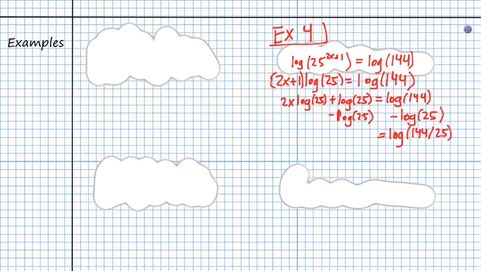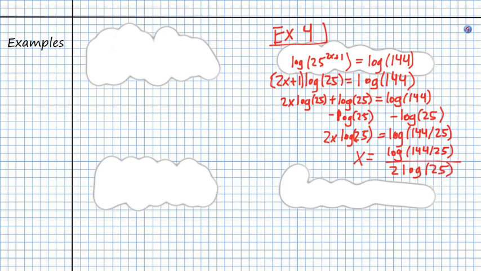So that's going to consolidate that logarithm. And then we have 2x times the log of 25 here. And then now this looks exactly like our other problem. So we can say x is equal to log of 144 divided by 25, all divided by 2 times the log of 25.